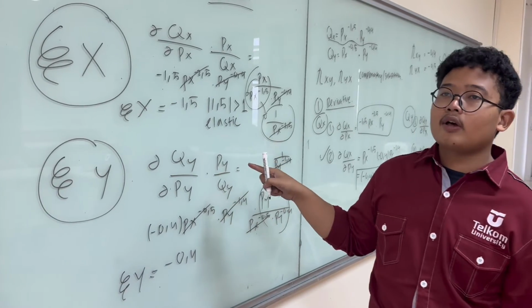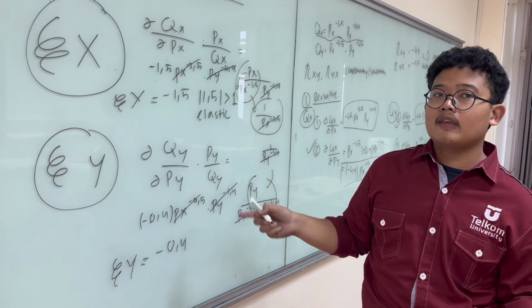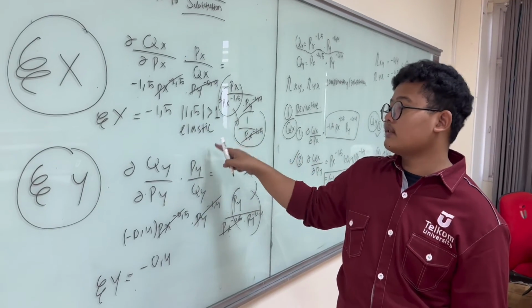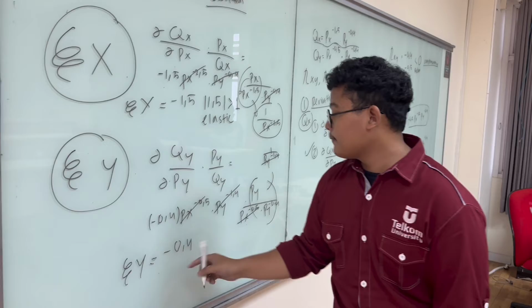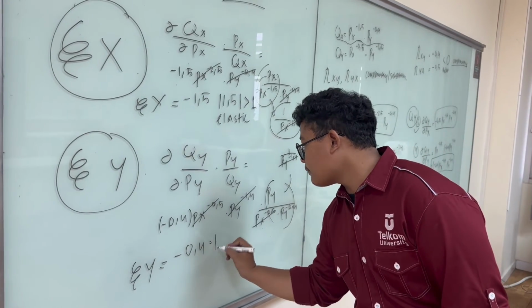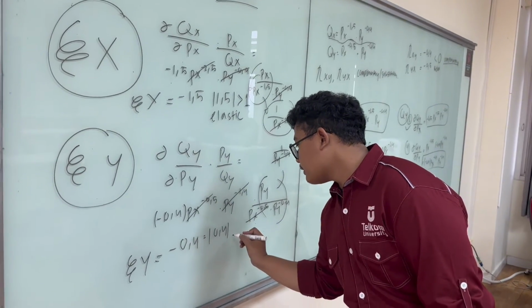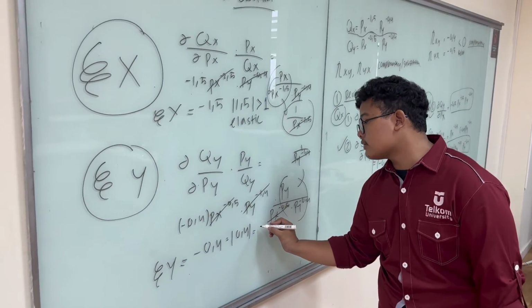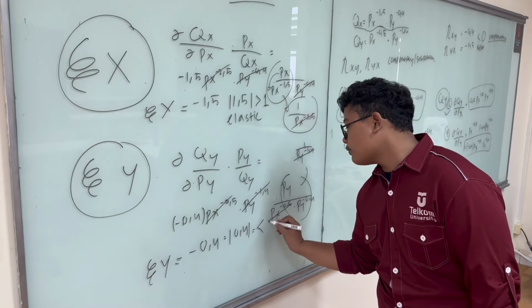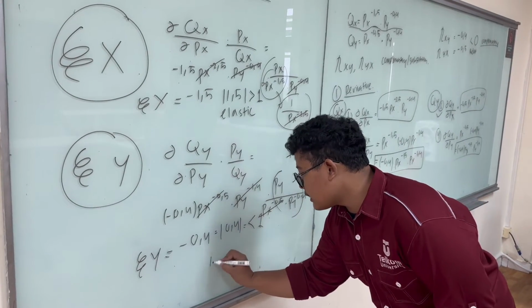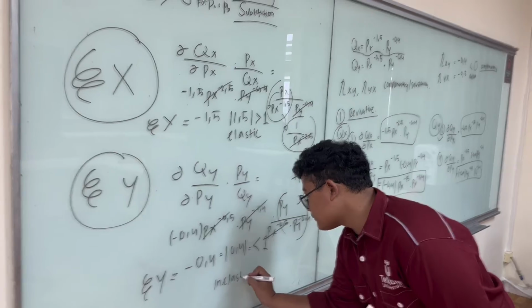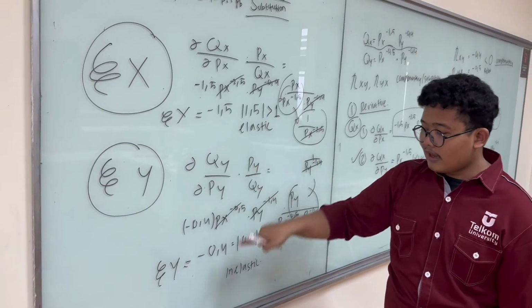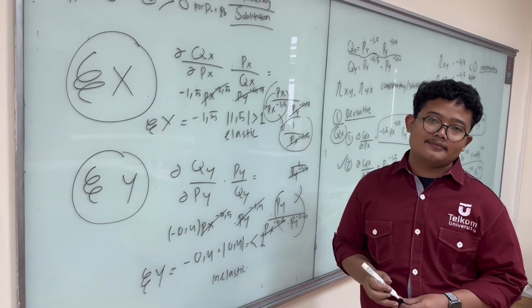We already discussed in the previous chapter that an amount above 1 is elastic. And for y, because in absolute form 0.4 is below 1, so it is inelastic. So x is elastic and product y is inelastic.